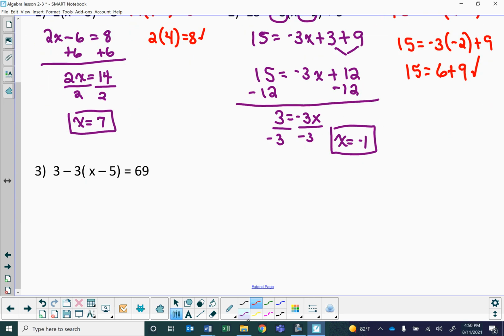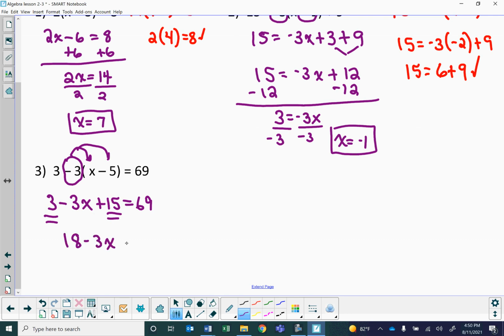Problem number 3. Again, don't lose your negative signs. Be really careful. We're looking at multiplying a negative 3 times everything in here. So we have 3 minus 3x plus 15 equals 69. So combine like terms, 3 and 15, that makes 18. 18 minus 3x equals 69.